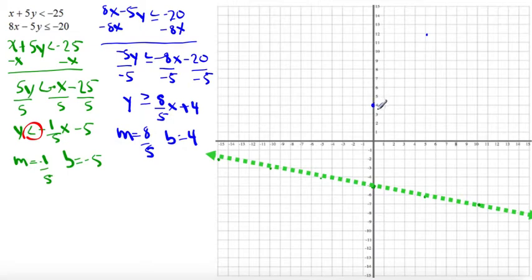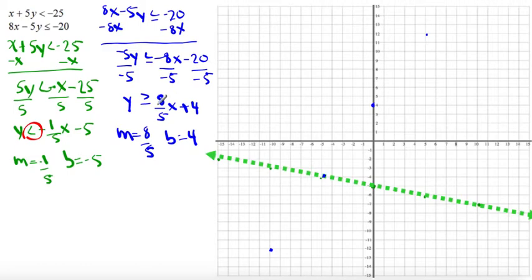And then to extend the line further, I go down 8 to the left 5. Alright, and then I draw my line.